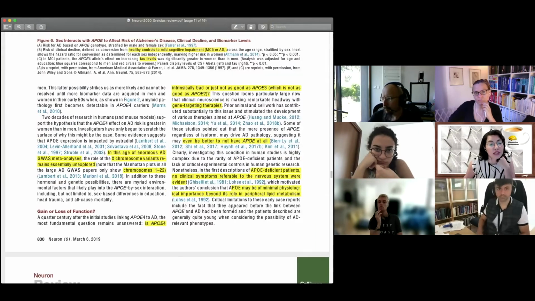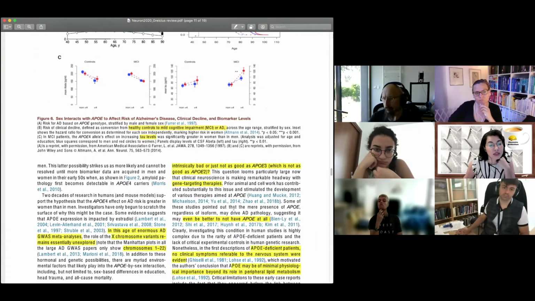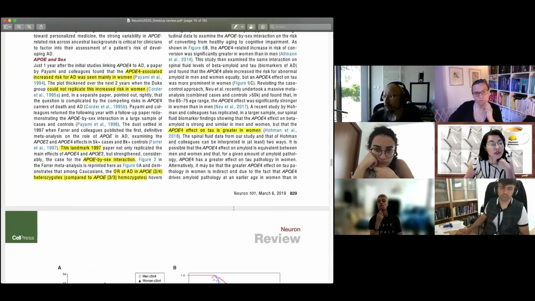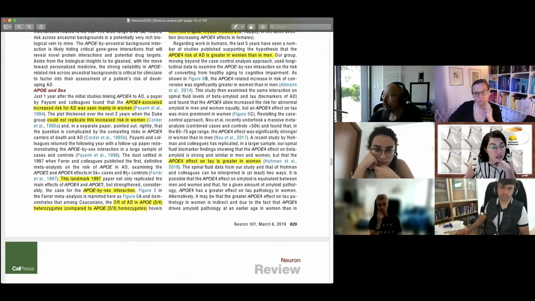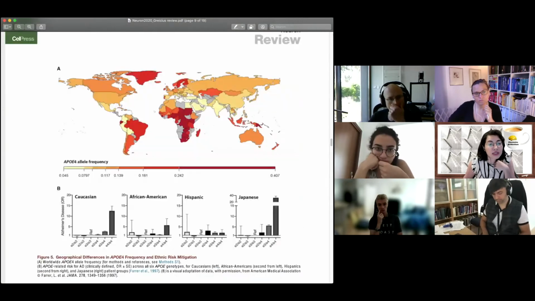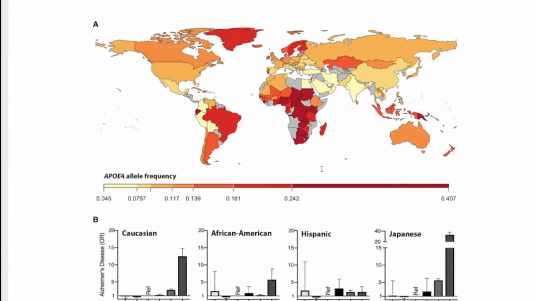And here there is also a discussion related to the different geographical presentation of APOE4. You can see that there seems to be a north-to-south gradient, with a greater presence of the APOE4 allele in the south, with some outliers in the northwest regions.